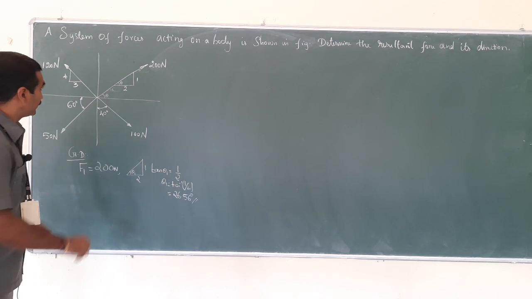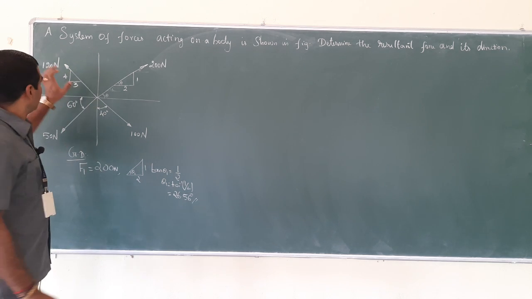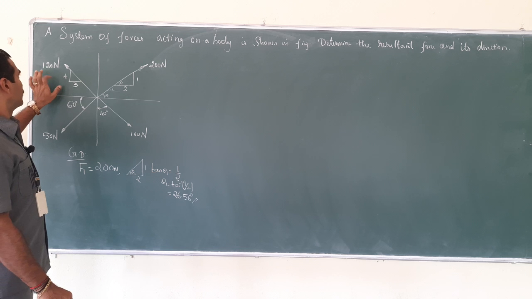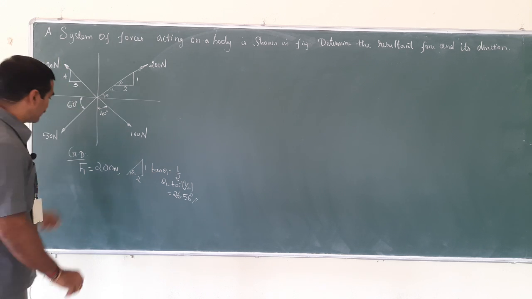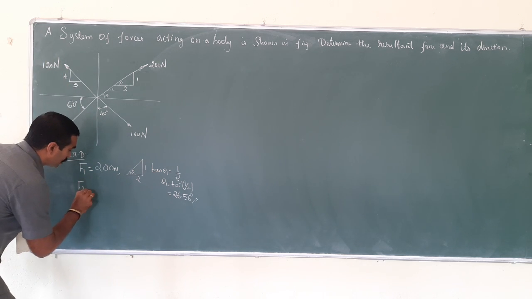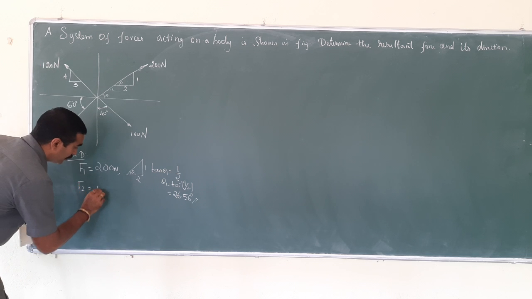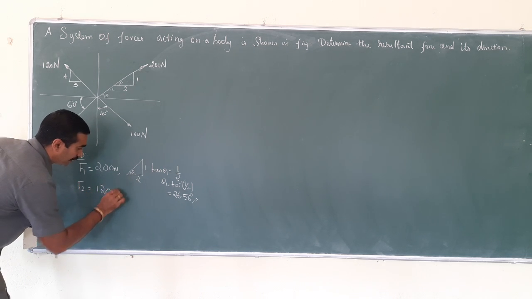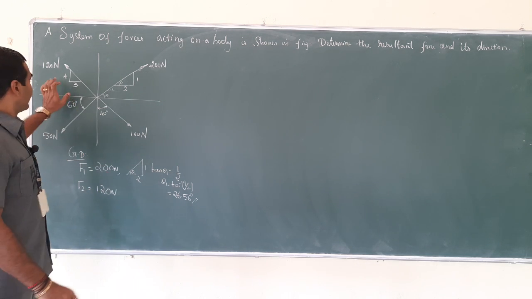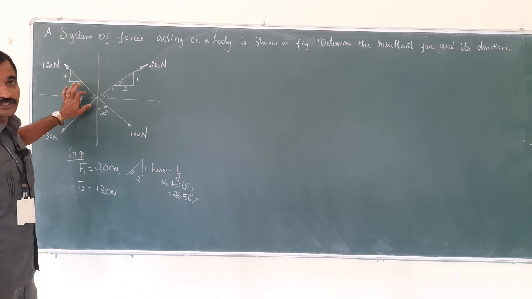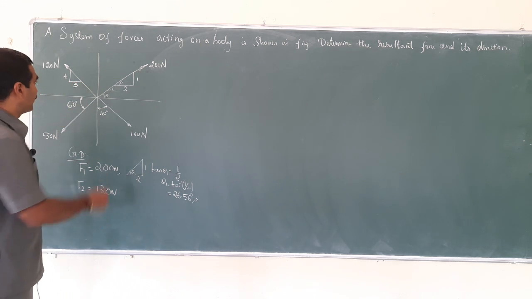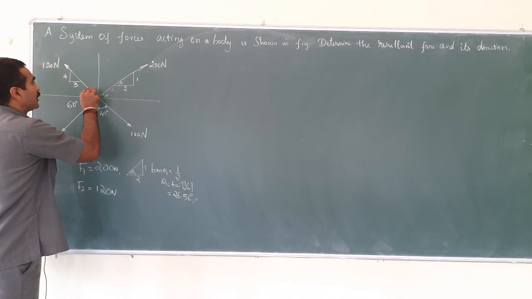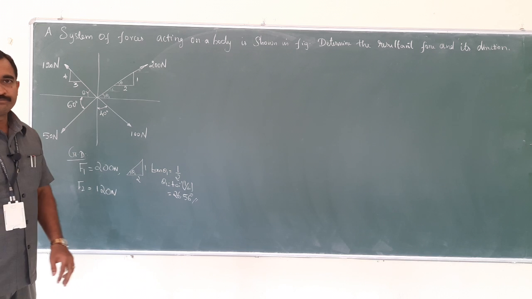Right. Then let me move to the next quadrant, wherein a force acting outwards has magnitude 120 Newton. Here also the angle is not specified directly, so theta 2 is not given directly.